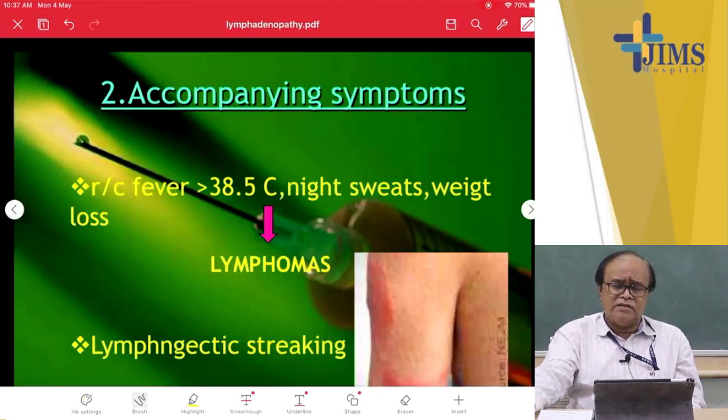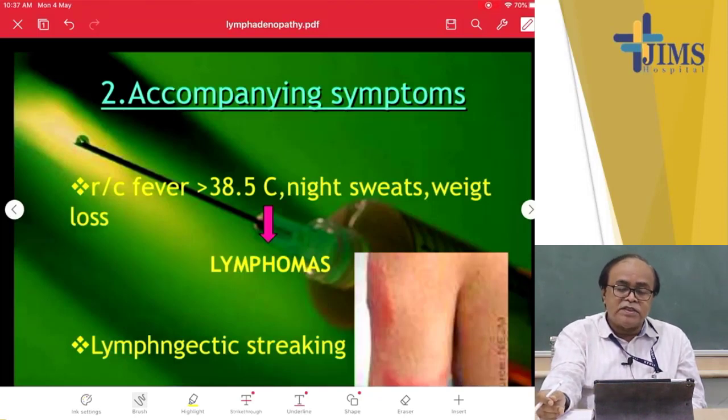If those are available, you think it is lymphoma, meaning one type of malignancy of the lymphatic system. Maybe Hodgkin, non-Hodgkin or other things.